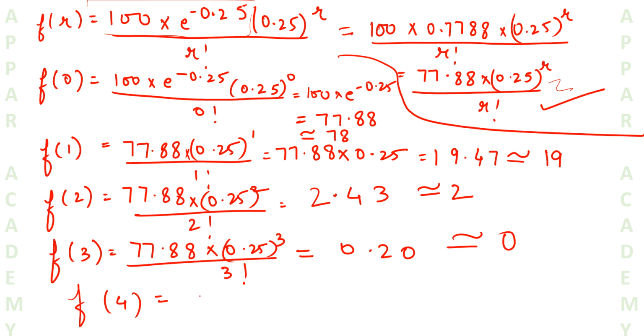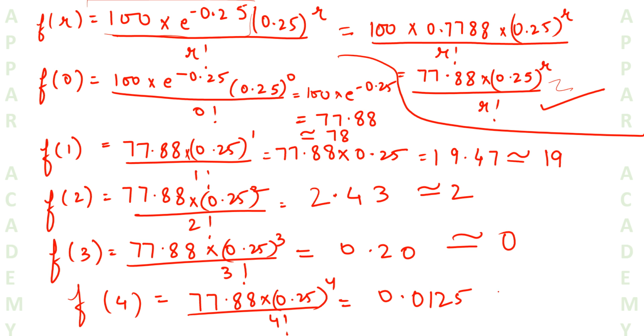So f of 4 is simply 77.88 into 0.25 to the power 4 upon 4 factorial. And this value will turn out to be 0.0125. So this again is approximated to 0. Right? I am writing down these values directly because I already calculated them. Otherwise, it would have taken a lot of time. So I've just calculated it earlier and written it over here.